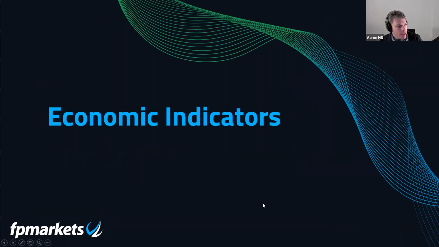So economic indicators. This is where the economic indicators really come into play. Basically, as I said, the central banks piece together the economic data, and that's where they determine the statement or rate decision.